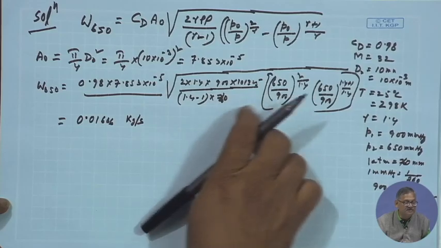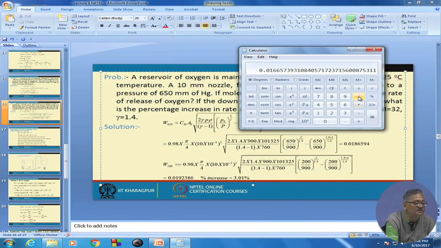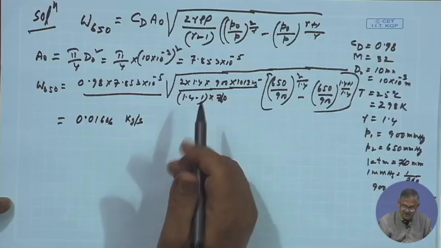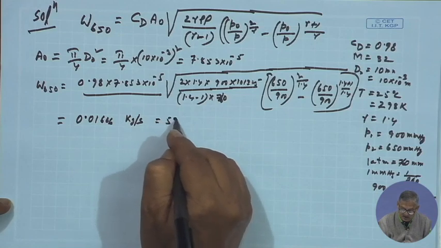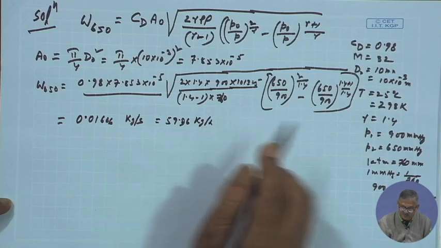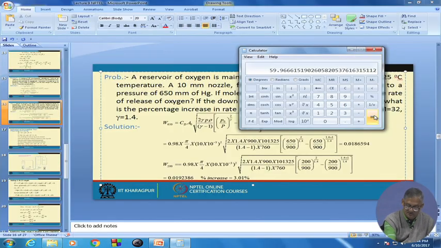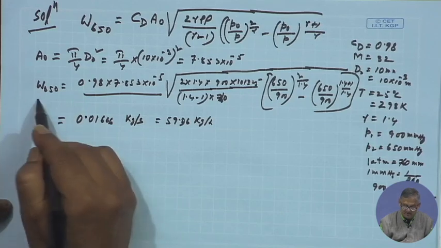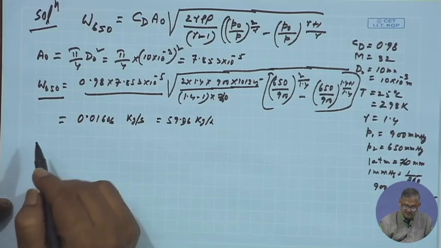And this is into 3600, is equal to 59.96 kg per hour, right?